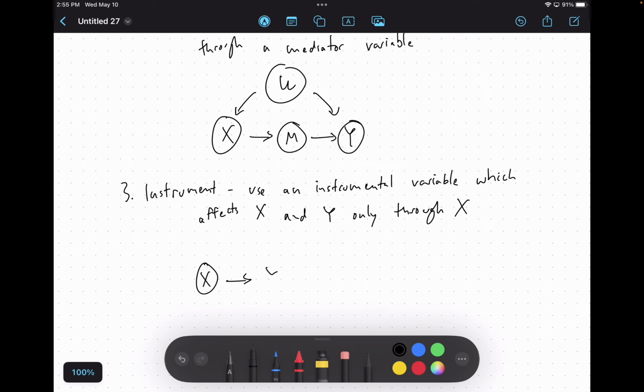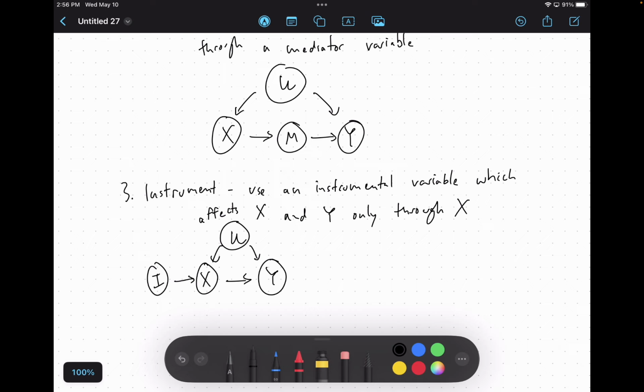X going to Y with a U, and you have your instrument doing that. Okay.